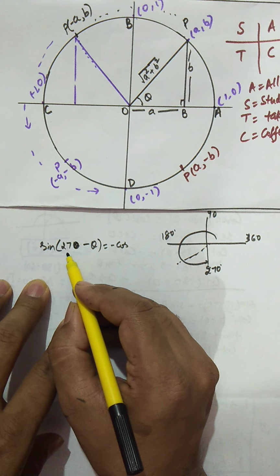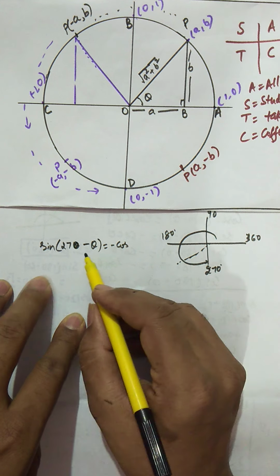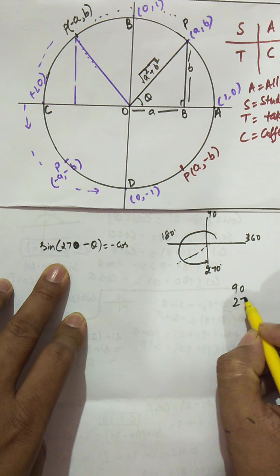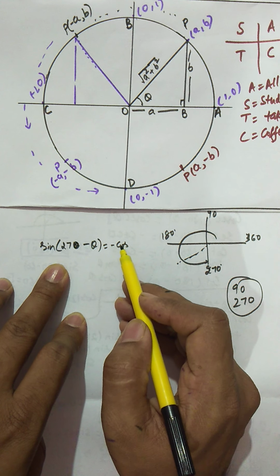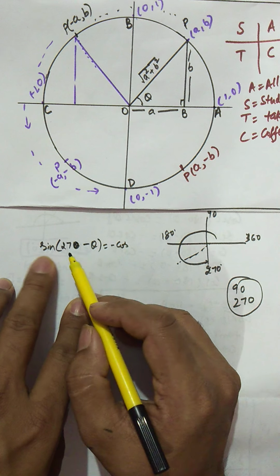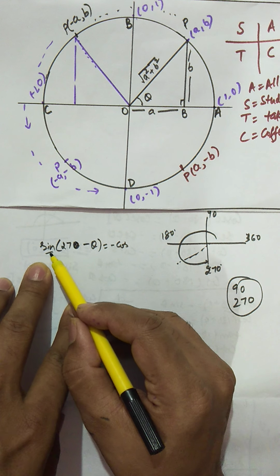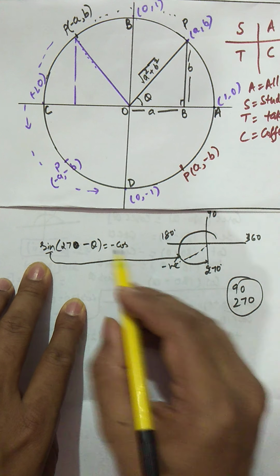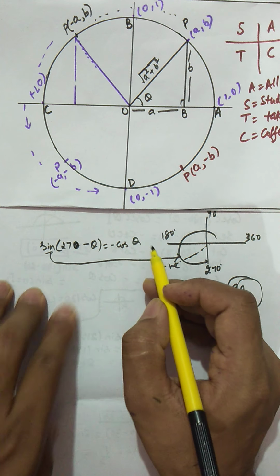This time the base has changed. Earlier it was 180, now it's 270. So whenever you see 90 or 270 as your first angle, your function will change. So sine will change into cos, and because sine is negative in the third quadrant, the answer is going to be negative cos theta.